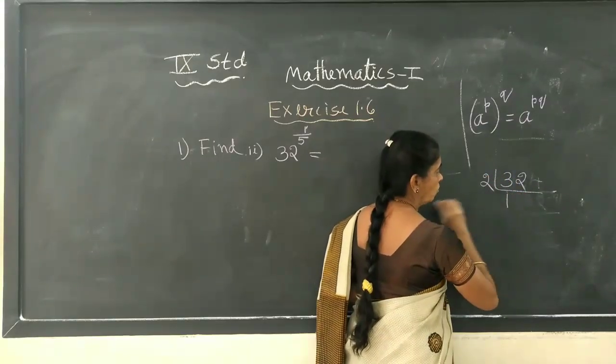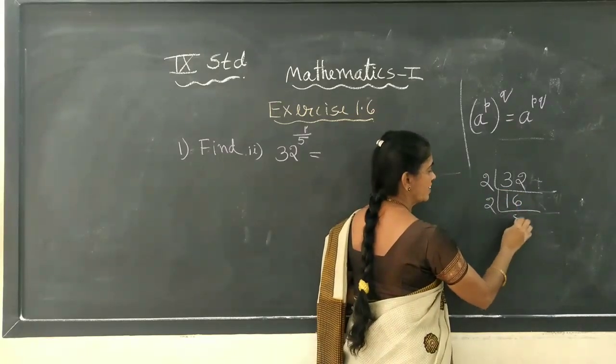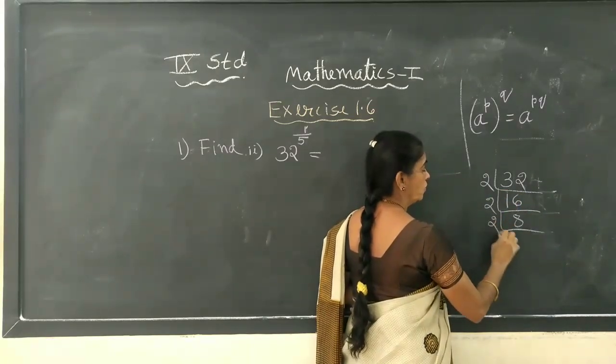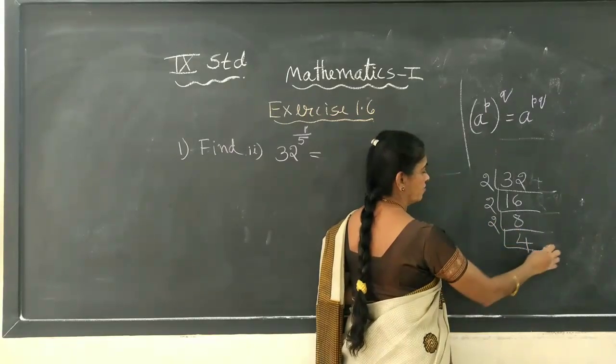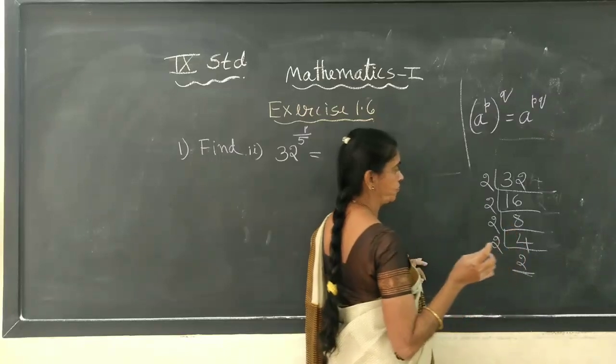2 16s are 32, 2 8s are 32, 2 4s are 8, 2 2s are 4.